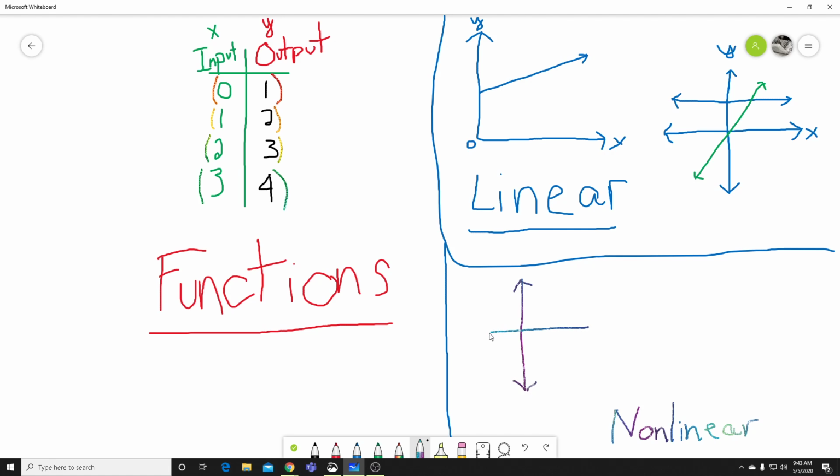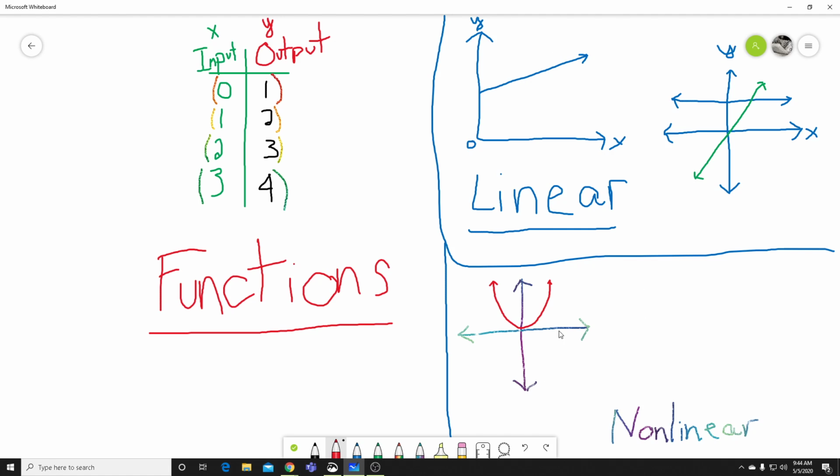Let's see, you could have a quadratic function. It looks like this, and it's called a parabola. That would be nonlinear, right? It curves. It's not a nice straight line like we have here.